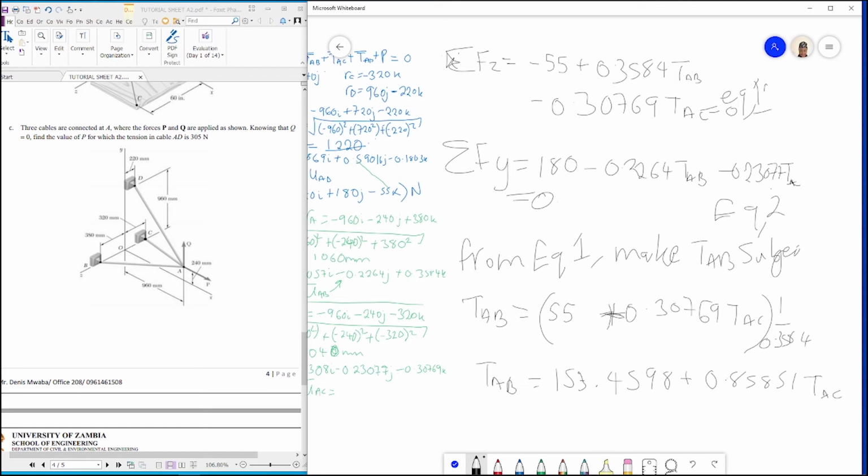So this we will substitute in equation 2.